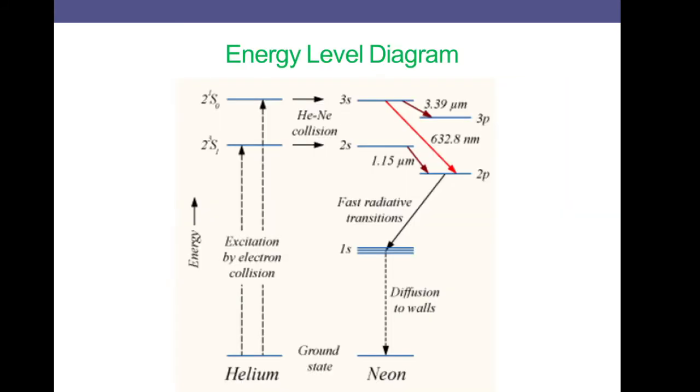Okay. So let's see. This is the ground state of helium. This is the first excited state of helium, and this is the second excited state of helium. And here I have the neon ground state.